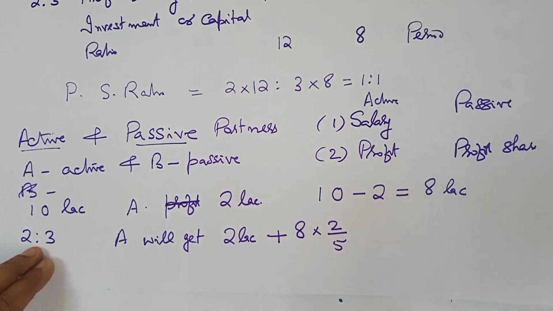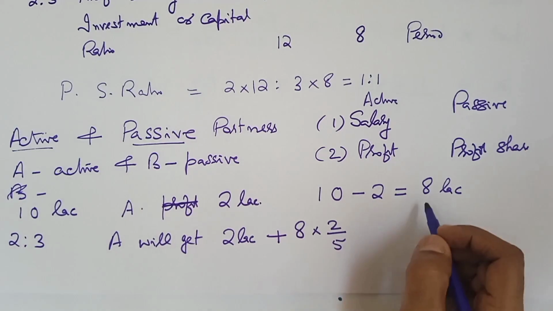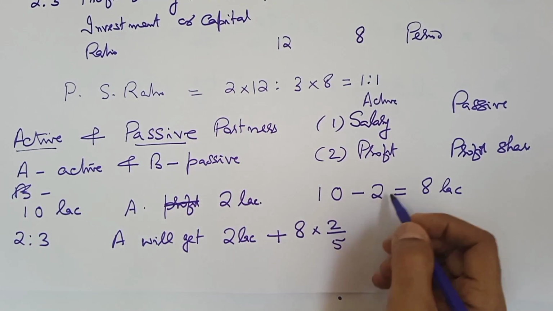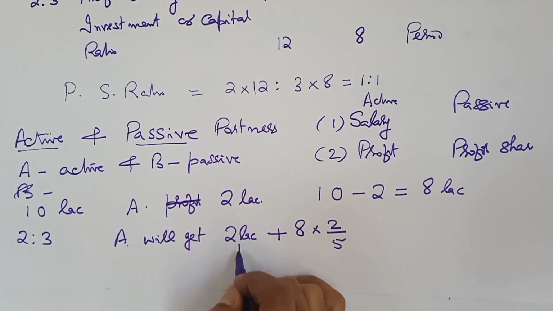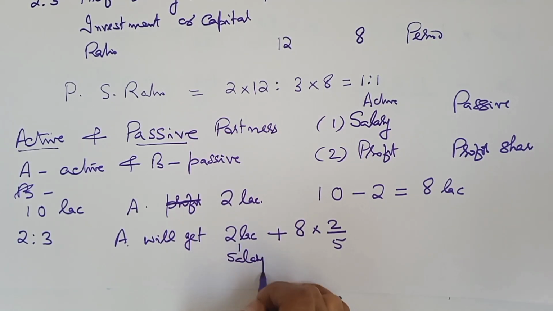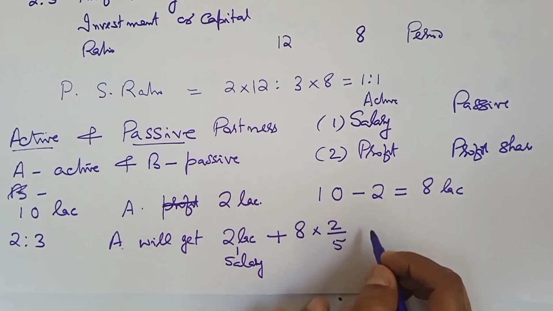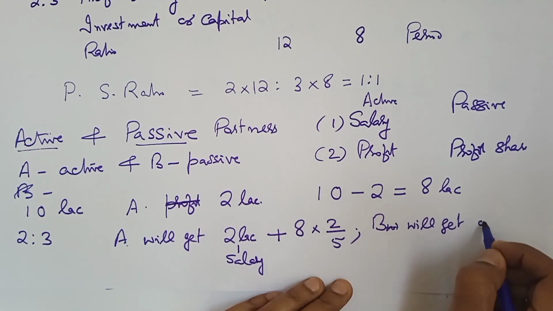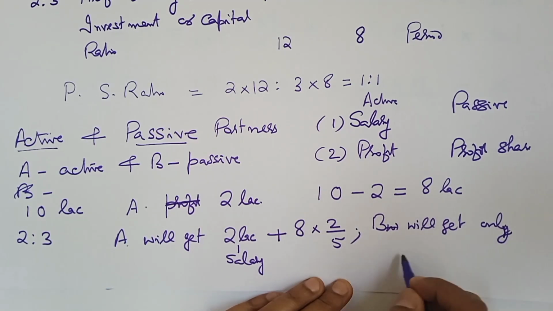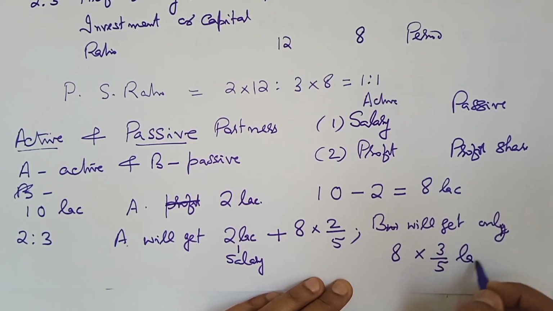Yeah, 2:3 means this is the way you divide. If 8 lakh is the balance profit after 2 lakh salary paid, A will have 2 lakh as salary. Then profit share will be 8 into 2 by 5. Whereas B will get only profit share, which will be 8 into 3 by 5 lakh.